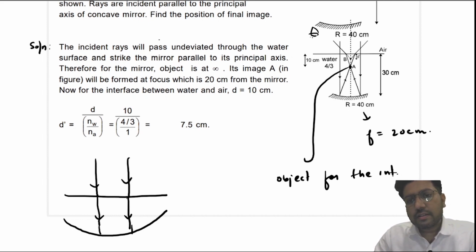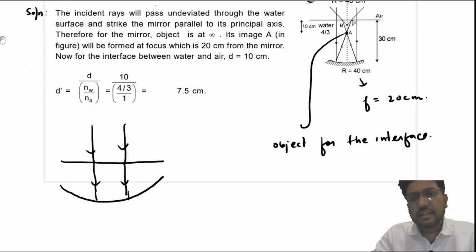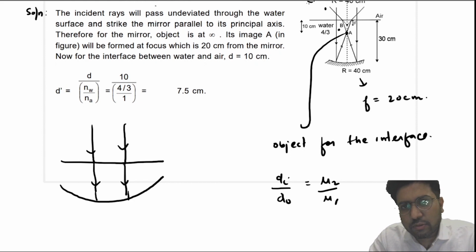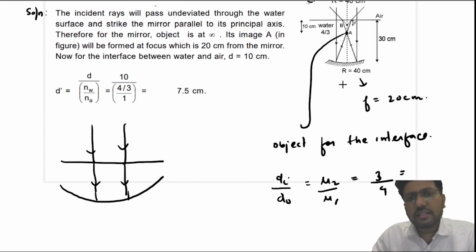So if this A is the object for the interface, then you will use di by do is equal to mu2 by mu1. Now the light ray is going from this medium to this medium, so mu1 is 4 by 3 and mu2 is 1. So di by do is equal to 1 by 4 by 3. Now distances are measured from the interface.